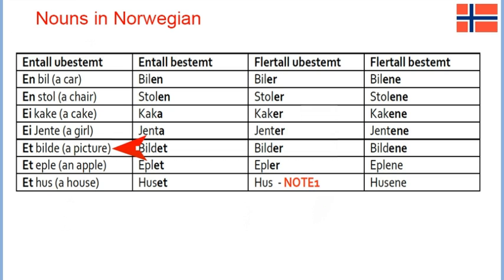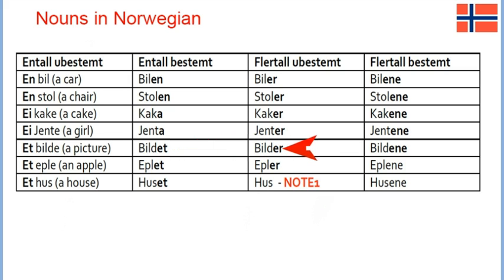If you make the same mistake with the female, you can make it into a male and no one will notice, and in some dialects you even can do it, and it's perfectly fine. If we go through the neutral then, et bilde, see the et, et bilde, a picture. To create the definite form, you just put the et at the back of the word, so it's bildet, the picture.